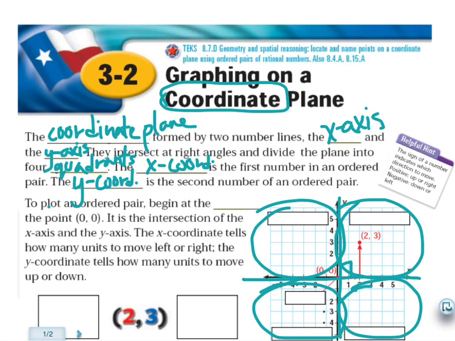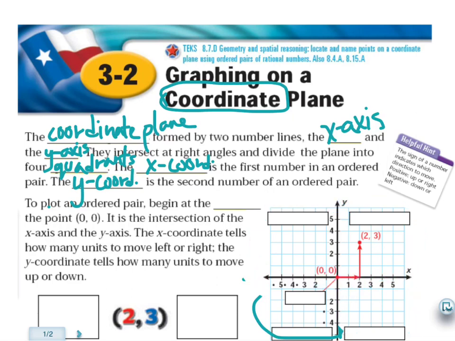And if you're going to plot a coordinate point, you're always going to start with the point called the origin. The origin is this part right here. It's the point where the x and y axis intersect each other, and it always has the coordinate point of 0, 0.